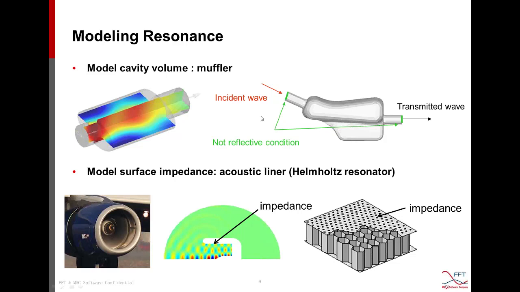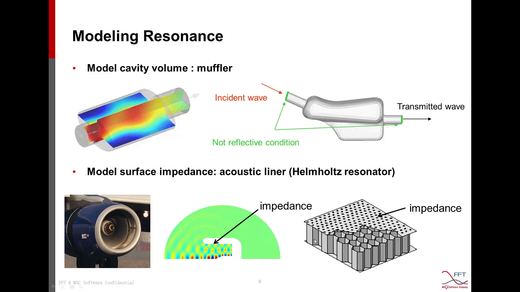So now the next type of resonator is the Helmholtz resonator that is used in many types of products. Typically in the acoustic liner of the aircraft engine, as we can see here, under the surface of the nacelle here, we have this Helmholtz resonator buried below this surface.